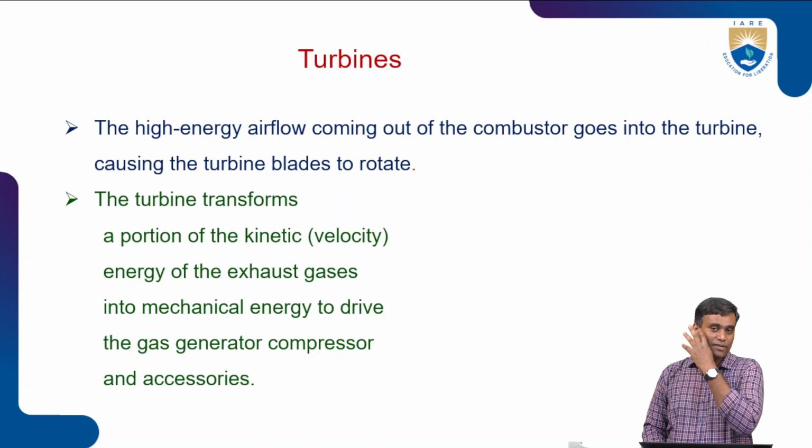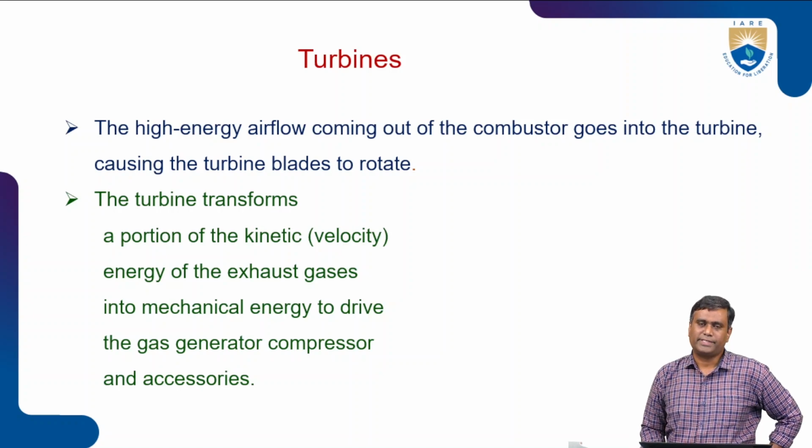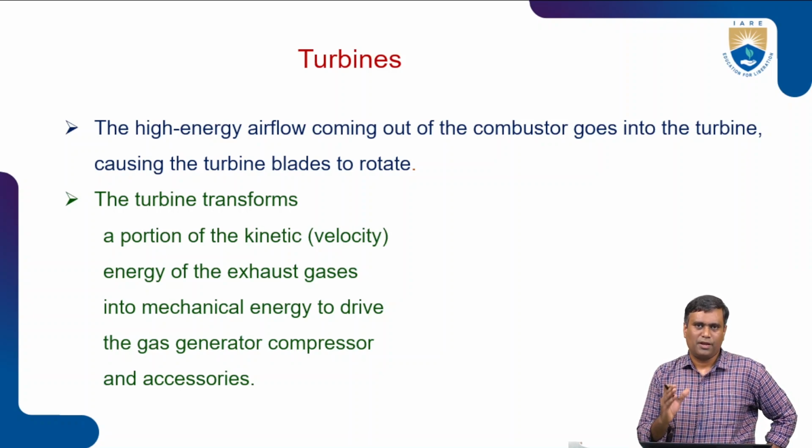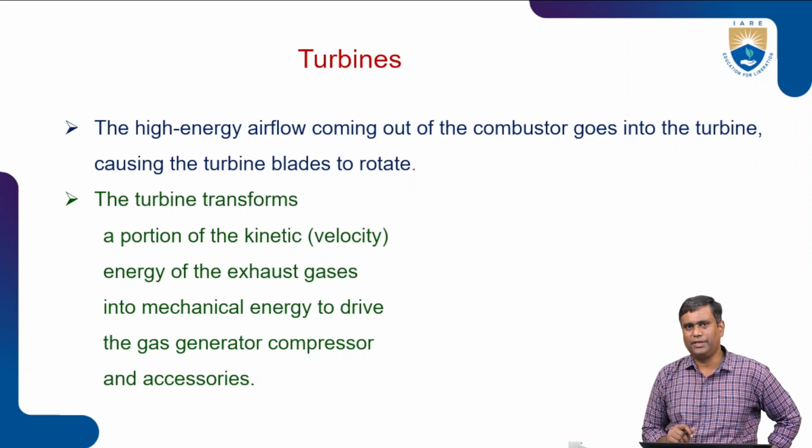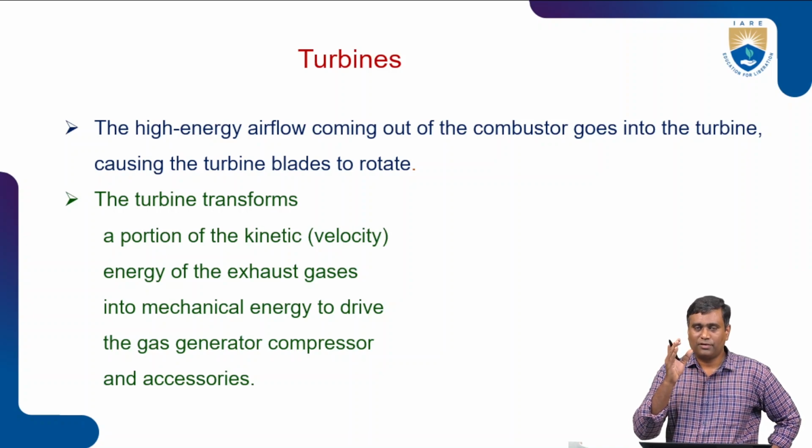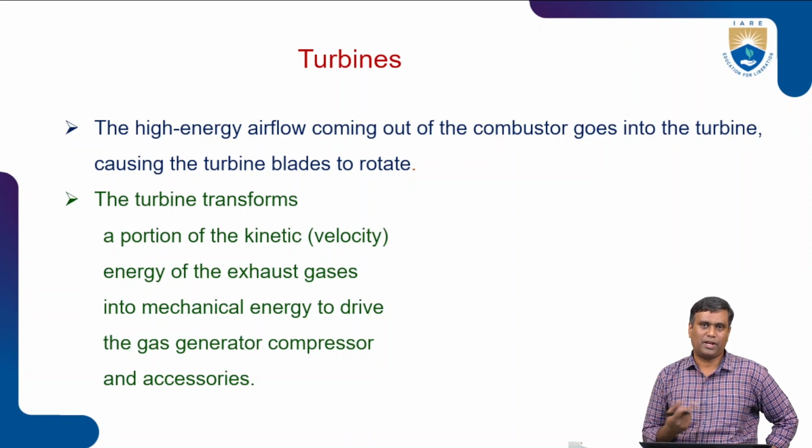The main purpose of the turbine is to extract energy from this high temperature exhaust from the combustor, right? The reason for the existence of the turbine in the design of a gas turbine engine or turbojet engine is to extract energy to drive the compressor.